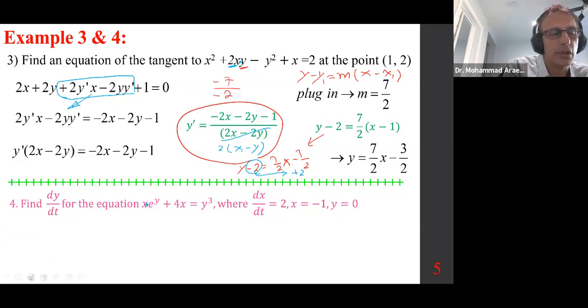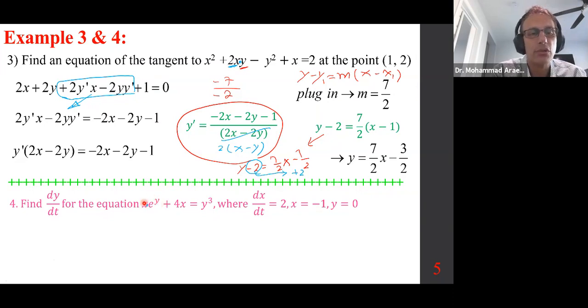Therefore, we use the product rule. So the derivative of x, again, remember I said it's no longer 1, it's dx/dt. So dx/dt times e to the power of y. And then the derivative of e to the power of y, exponential is always itself, e to the power of y. And by the chain rule, the derivative of y is dy/dt.